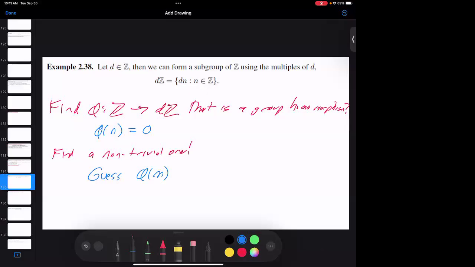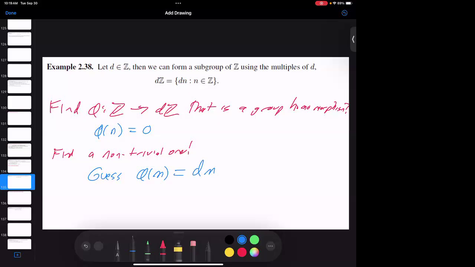I want to try to send things to multiples of d. So whatever the output is, it has to be in dZ, which means it has to be a multiple of d. So if I give you m, what might be a natural thing to try to send it to? dm.